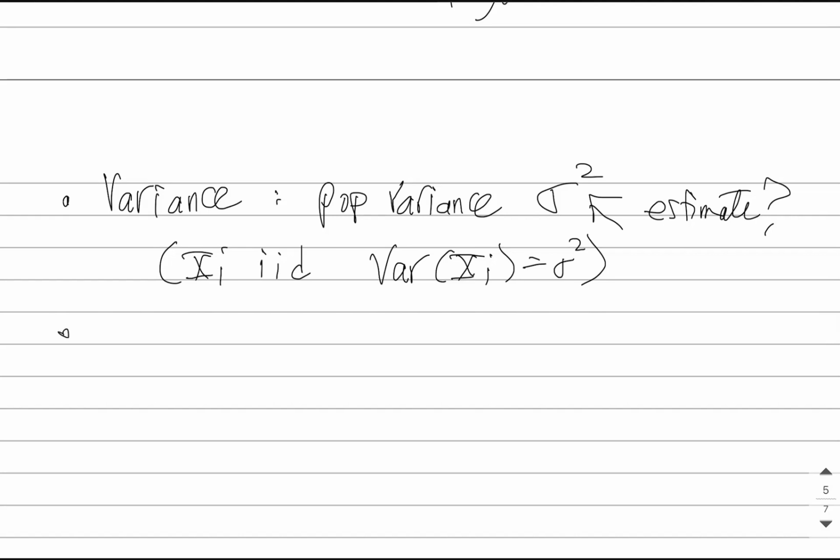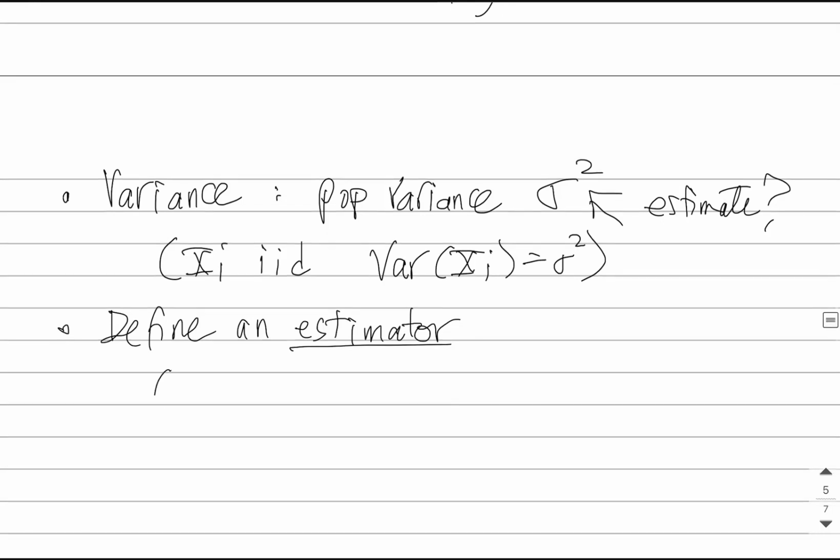The first thing we have to do is define an estimator: which mathematical calculation should we do with the random variables to get a number, some sort of outcome? You might recall that a while ago, when we defined variance for a discrete random variable, we talked about defining things like this: xi minus mu squared times the probability. This was way back when.